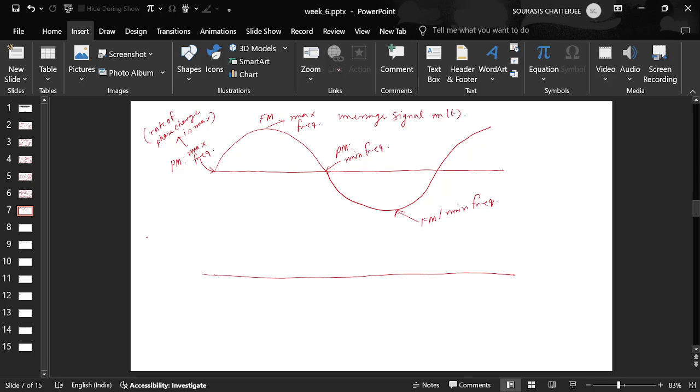If I first draw the phase modulated signal, remember we are not doing anything related to amplitude here. Amplitude, for both phase and frequency modulation, remains the same, so amplitude is going to be constant.